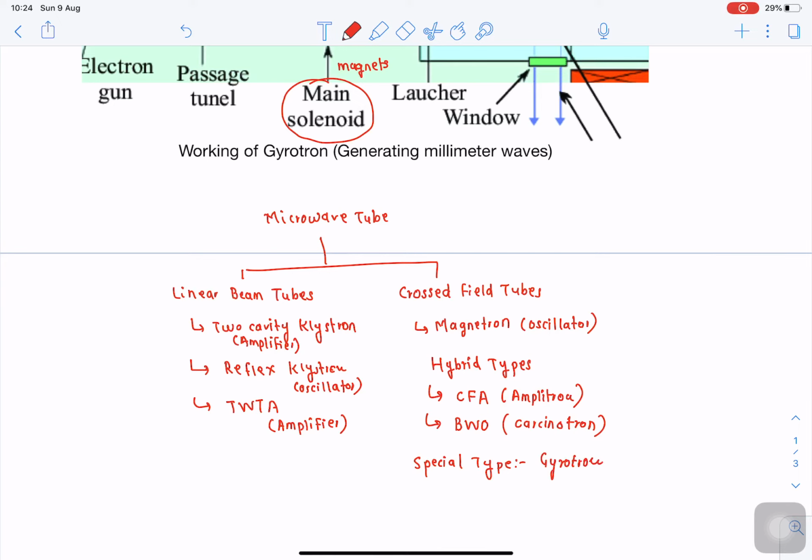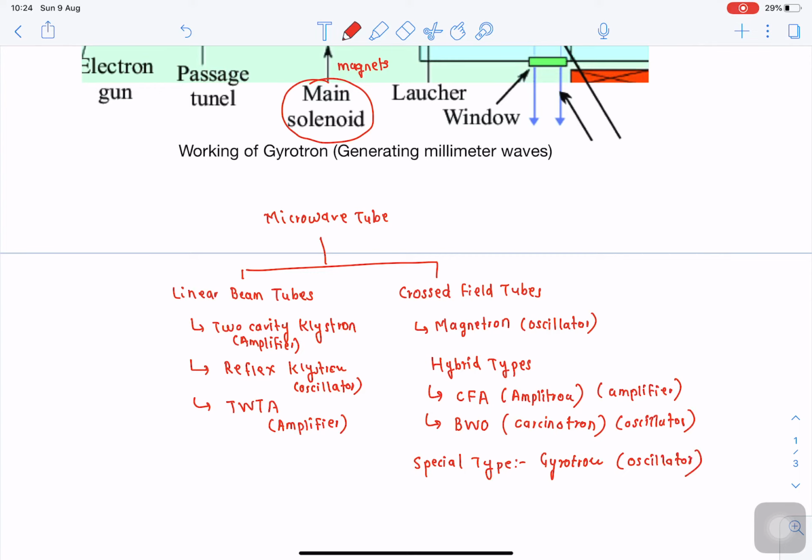Essentially, the crossed field amplifier, a hybrid type of tube, is used as an amplifier. The backward wave oscillator is used as a source of microwaves, and the gyrotron also acts as an oscillator, a source of millimeter waves.